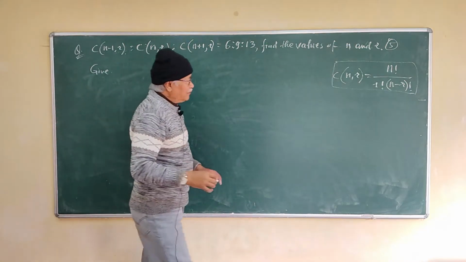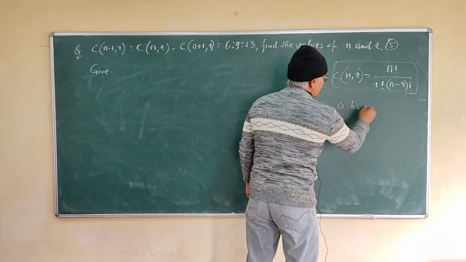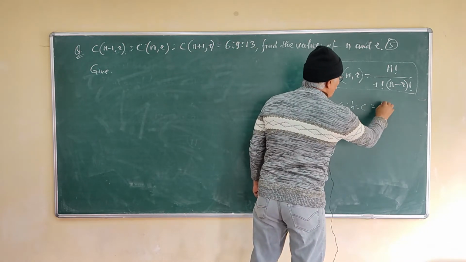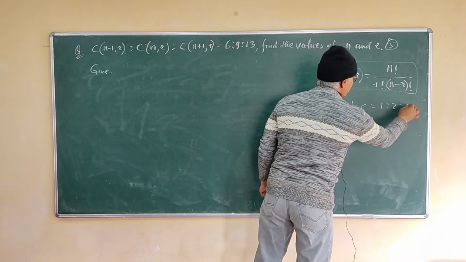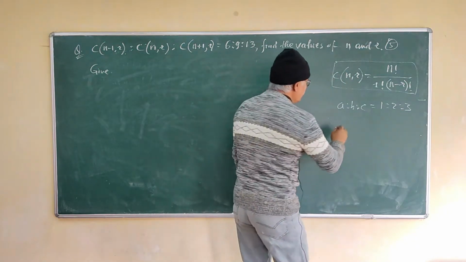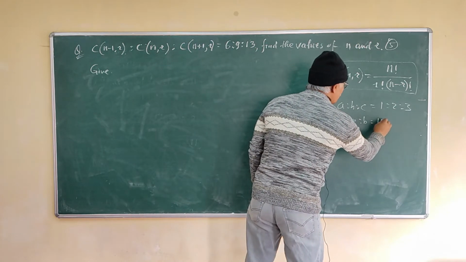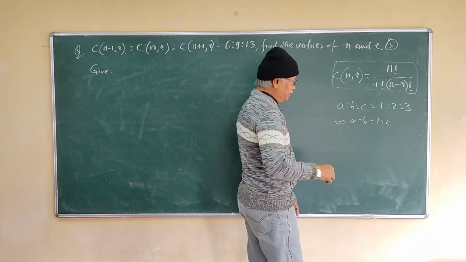Well, suppose you are given A : B : C is equal to 1 : 2 : 3, for example, then you can do what? You can do A : B will be equal to 1 : 2, is that right?